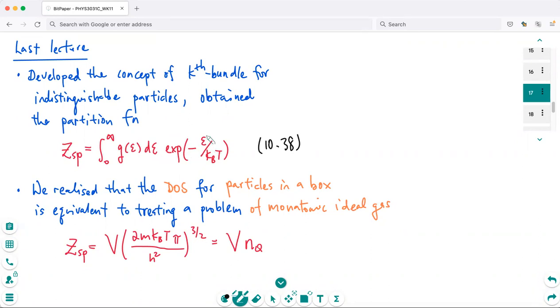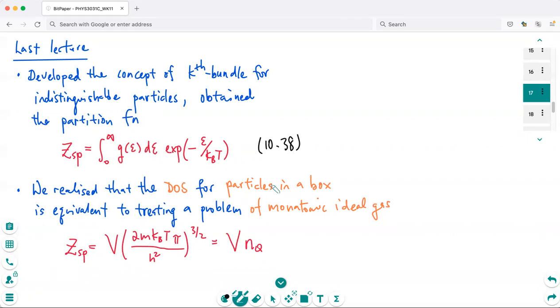And then I also told you we would like to use the continuum form because it is powerful and we can do a lot of calculations. We got to this point, and we realized last lecture that what we have been doing, the derivation of the density of states for a particle in a box, is really equivalent to treating the problem of an ideal gas.